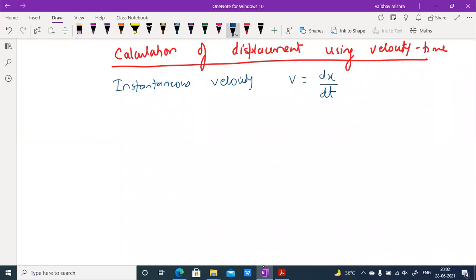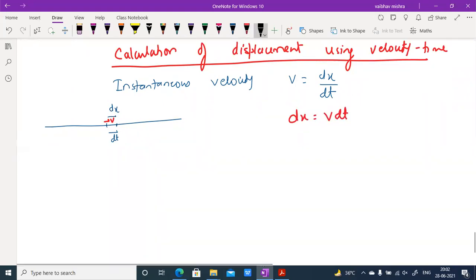What does this represent? This represents displacement covered in time dt with a velocity v. So if we cross multiply this, dx becomes v times dt.